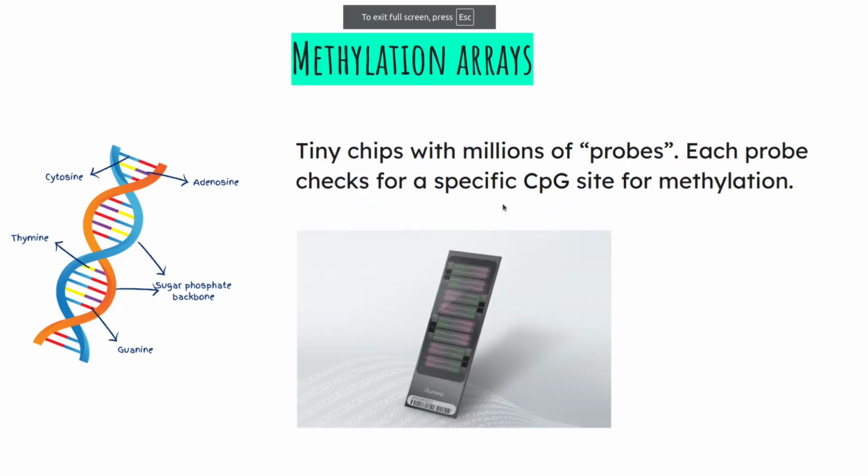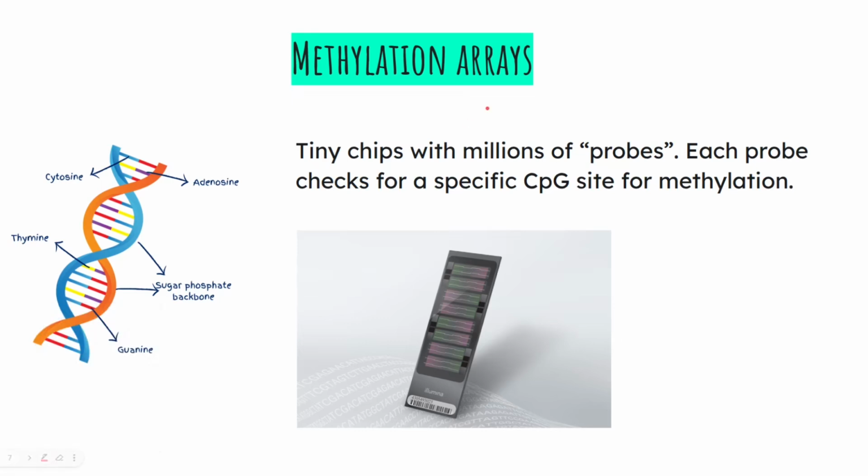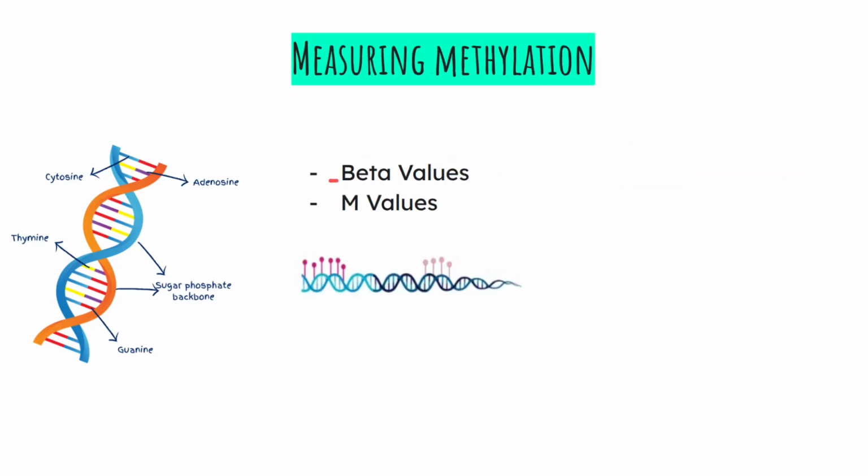The way we measure the degree of methylation at a given site is by making use of methylation arrays. So methylation arrays essentially are tiny chips with millions of probes, and each probe checks for a specific CpG site for methylation. And once we get this information, we have generally beta values or M values for each site.